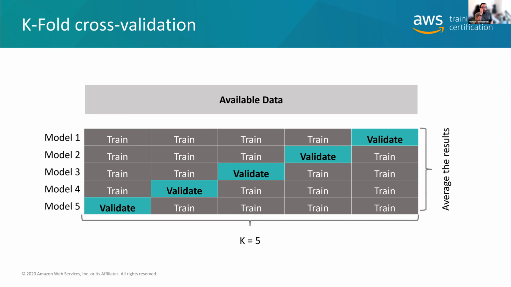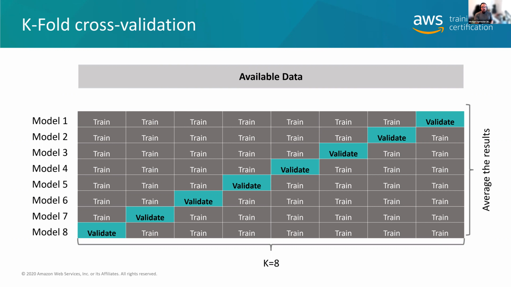So if this was 1,000 records and you're doing 5-fold, then you'd have basically 200 for validation and 800 for the remainder of training data. Over here, you'd be using 125 if you're using 8-fold cross validation. And so the remaining, what would that be? 875 would be training data. So you'd see an increase in the training set.